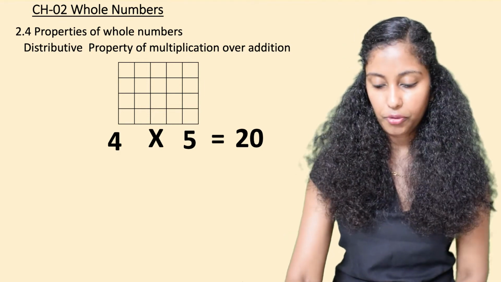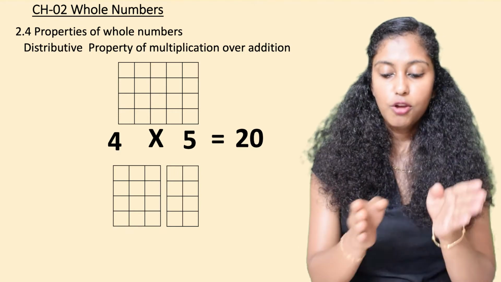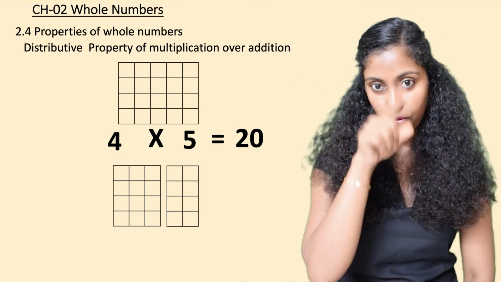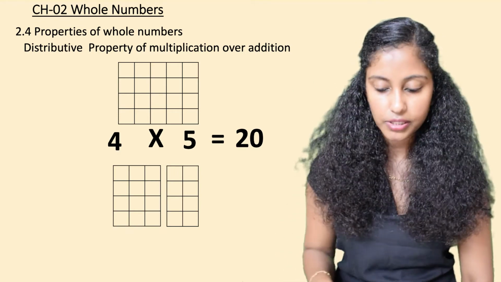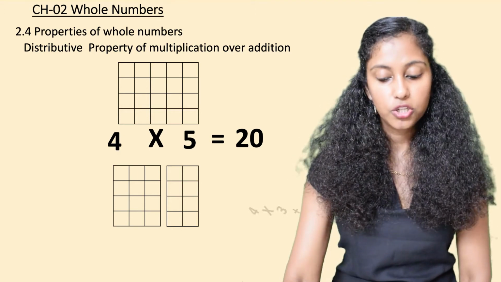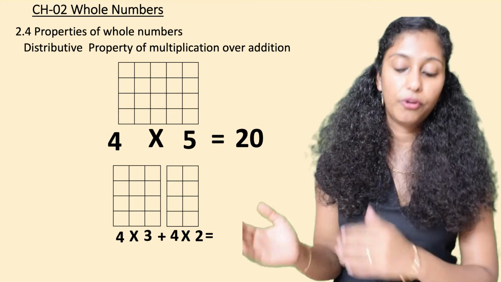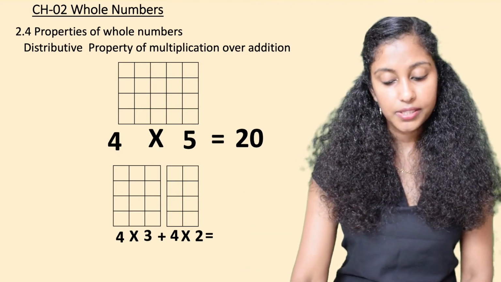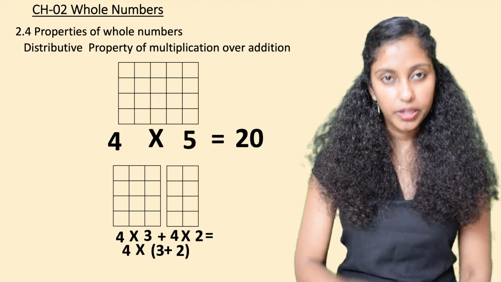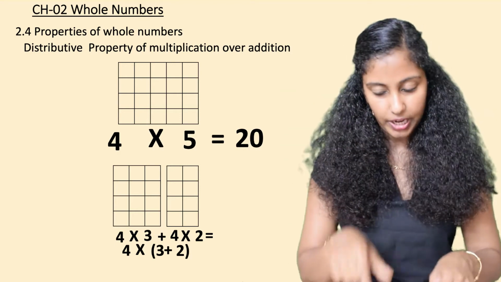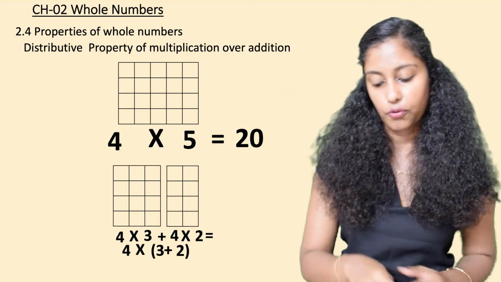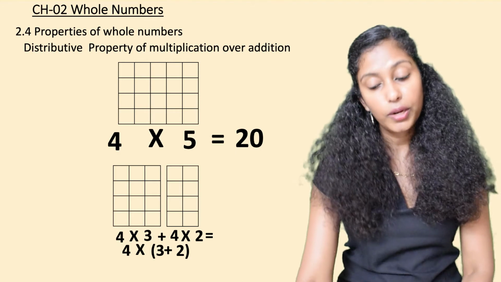This whole thing can be broken up into 2 parts as 4 rows of 3 columns and 4 rows having 2 columns. So it can be written as 4 multiplied by 3 plus 4 multiplied by 2. Now the same thing can also be written as 4 multiplied by, in brackets we have put 3 and 2, because 4 is common in both the questions.